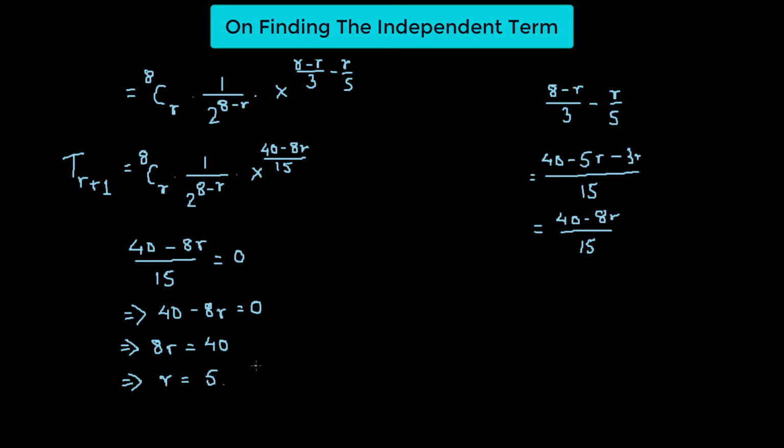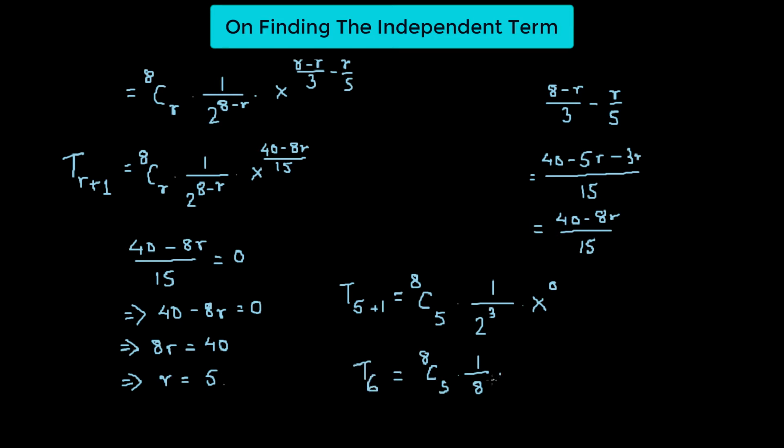Now let's plug this value of r into t(r plus 1), and that gives us t(5 plus 1) equals 8c5 times 1 over 2 raised to the power 8 minus 5, that is cubed, times x raised to the power, so when we substitute the value of 5 into the exponent of x, that gives us 0, which is equal to 8c5 times 1 over 8. So this is the term which is independent of x, and that is our 6th term.